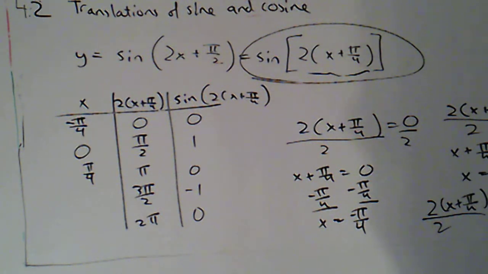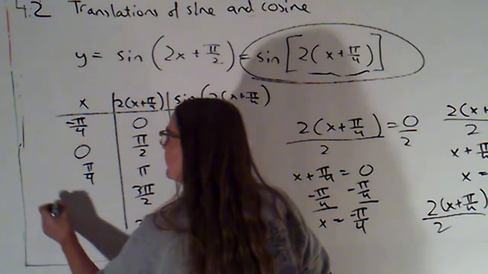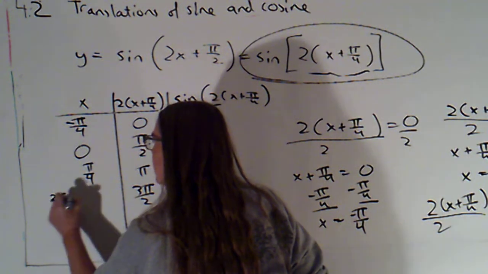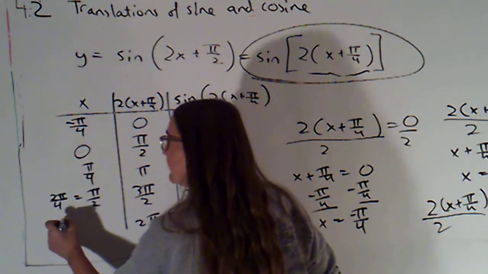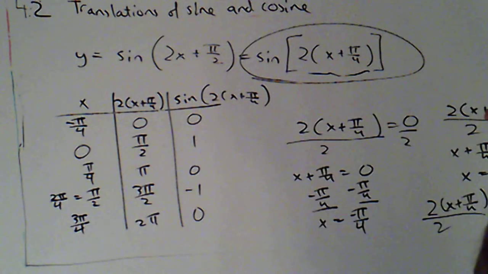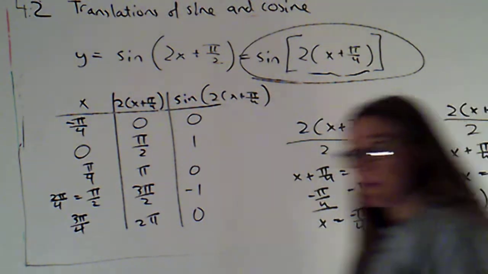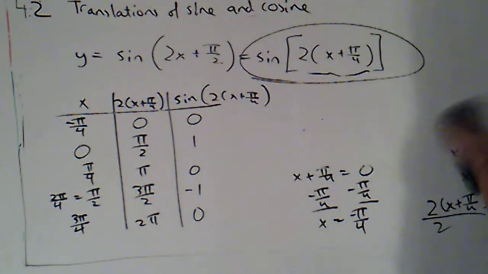I could solve the next two, but I can just say, pi over 4 plus pi over 4 would be 2 pi over 4, which I know will reduce to pi over 2. And then plus pi over 4 again will be 3 pi over 4. Excellent. So that's going to give me the points to plot.